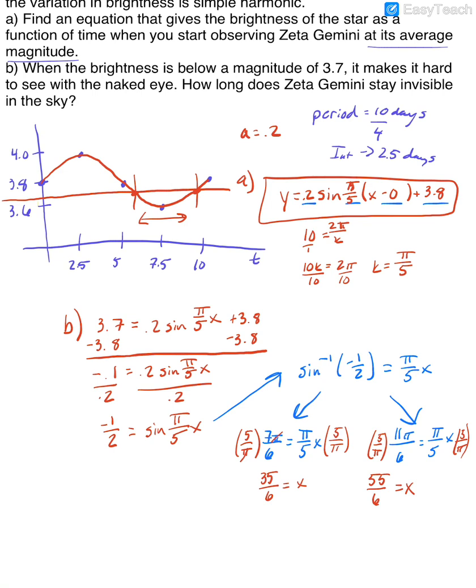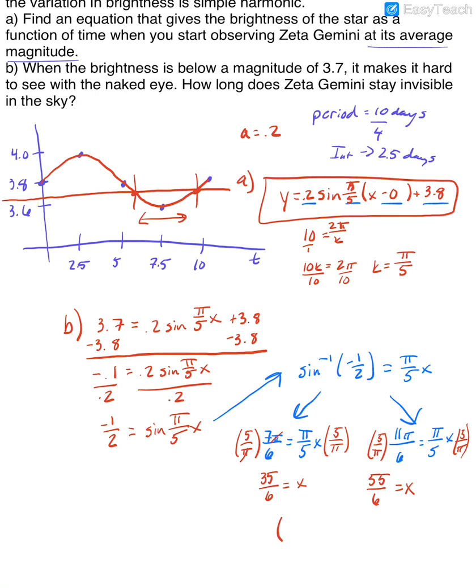Same thing as we did with the other one: there's this interval of time that this happens, so I want an interval as my answer. I know it doesn't say it, but it's inferred with how long does it stay invisible. So it wants to know when it starts.